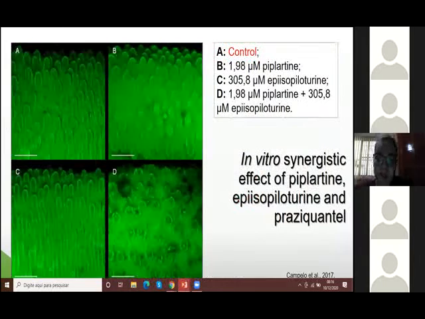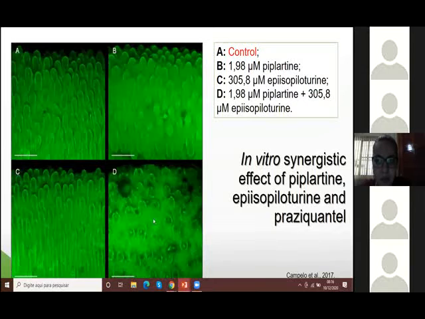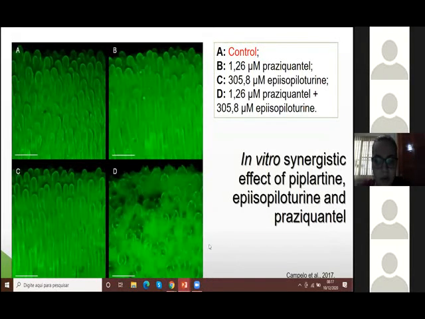And for another synergism, we analyzed the synergism between piplartine, epiisopiperlonguminine, and praziquantel. We identified synergism with this molecule, piplartine. So here, in the confocal laser microscopy, are piplartine and praziquantel, piplartine and epiisopiperlonguminine, and praziquantel and epiisopiperlonguminine.